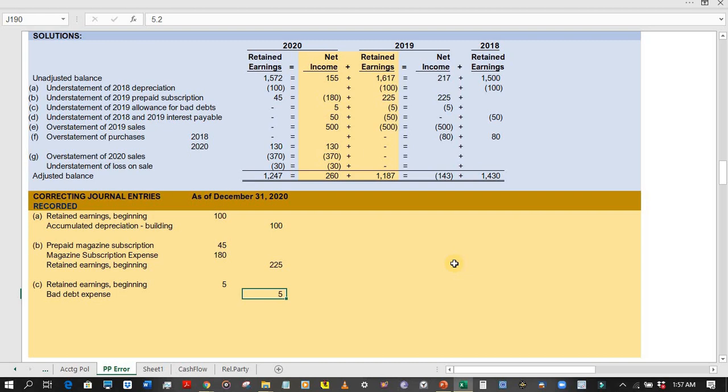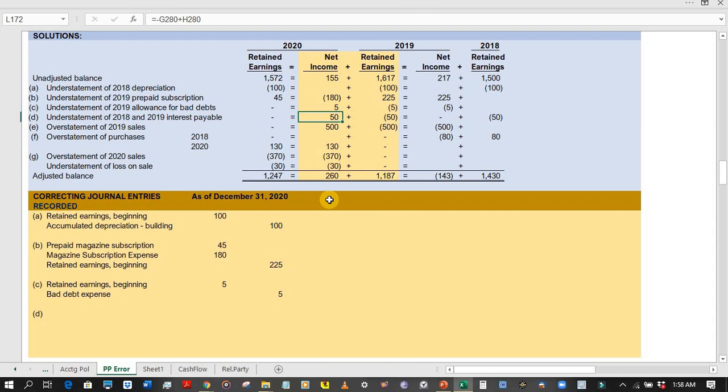Now let us proceed to letter D. For letter D, this is the understatement of 2018 and 2019 interest payable. Looking at these two columns, this is a decrease in retained earnings for 50 pesos, so that is a debit, and an increase in net income, so we are going to credit a nominal account to increase net income.